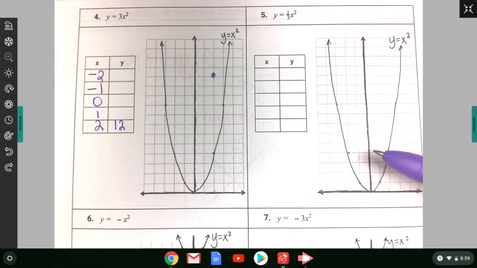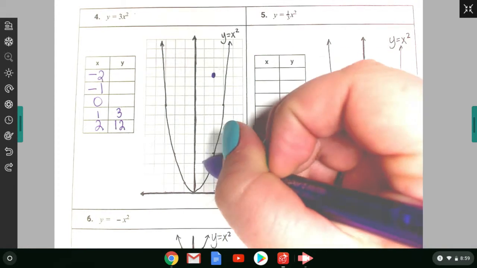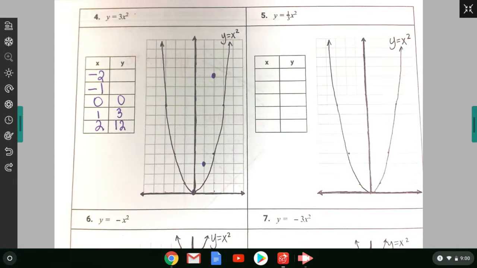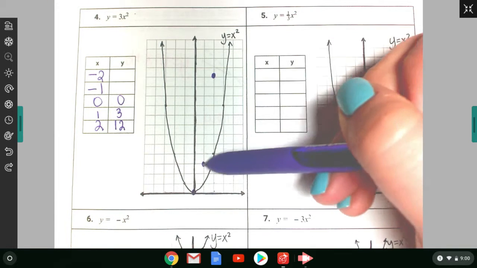My next one, if I plug in a 1, I've got 3 times 1 squared. That's 3 times 1, that's 3. So 1, 3. Next one, if I plug in a 0, I've got 3 times 0 squared. That's just 0. And then I want you to notice that because we have a reflection, these are just going to get reflected over as well.